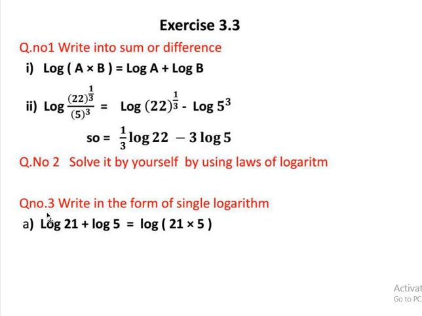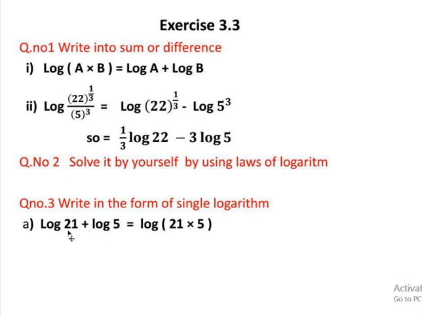But in question number 3, the statement is to write the different forms into a single logarithm. For example, we take part a, that is logarithm of 21 plus logarithm of 5, and you see that this is exactly in addition form.